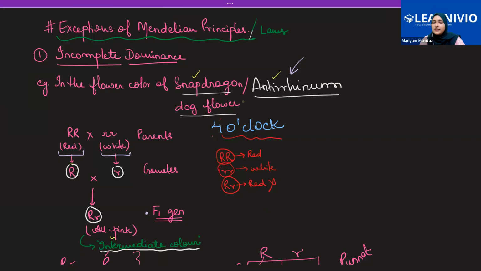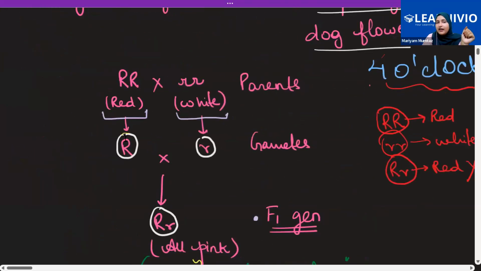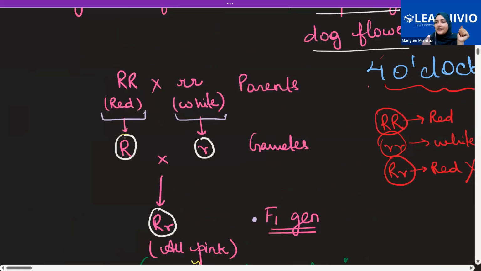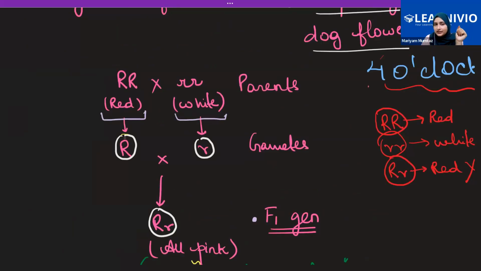Like the name suggests, dominance is there, but incompletely. Now, this one is seen in the flower color of the flower called snapdragon, or many a time it is called antirrhinum or dog flower or 4 o'clock flower. All of these are the names. What happens over here is that the dominant flower color is red and the recessive flower color is white.